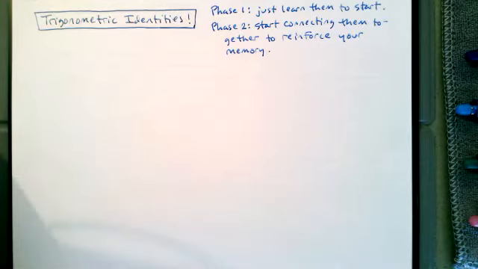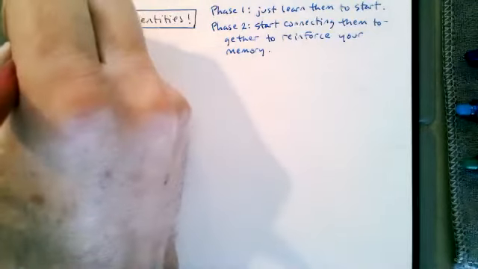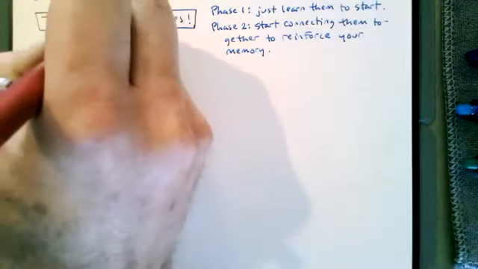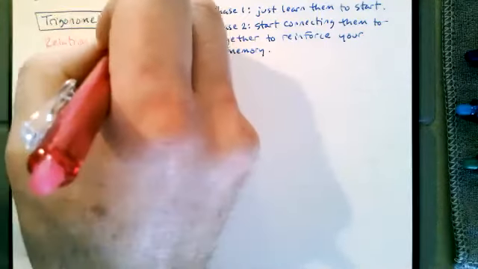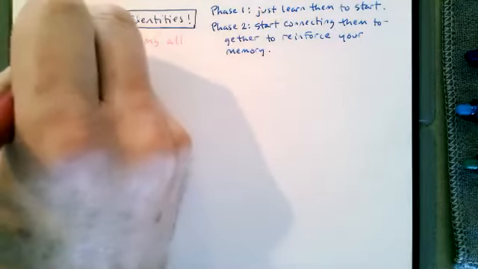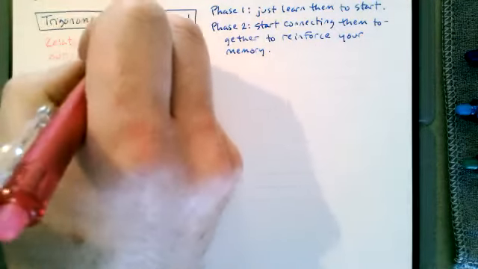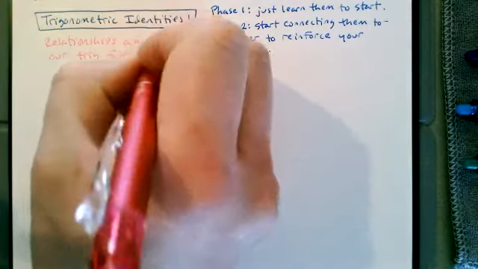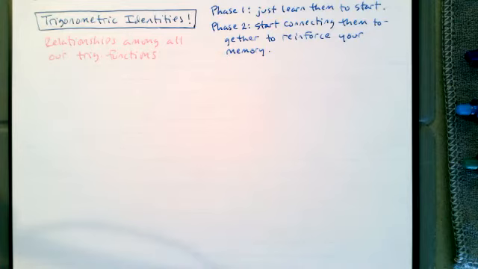So what we're looking at when we start studying trigonometric identities is we're studying the relationships among trigonometric functions, among all of our trig functions.